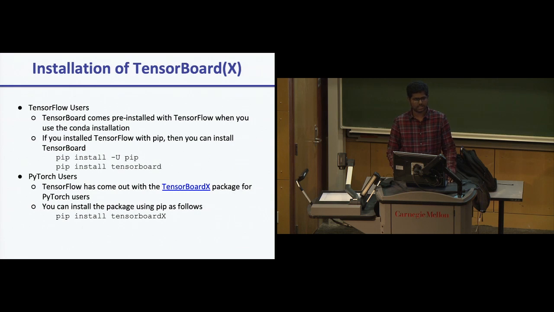For PyTorch users, tensorboardX is a package that has recently been released for PyTorch users or other frameworks. You can easily install tensorboardX, and it has pretty much everything that TensorBoard on TensorFlow does. Those of you who want to go through the code that runs on the Jupyter notebook can download the notebook and have this installed, so you can run through it along with me.